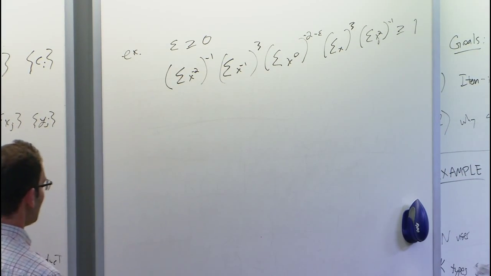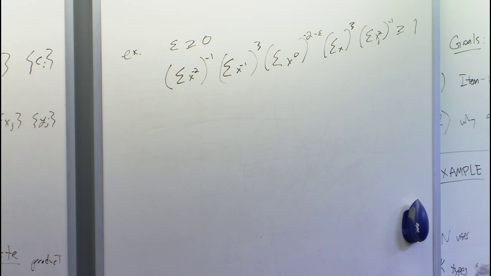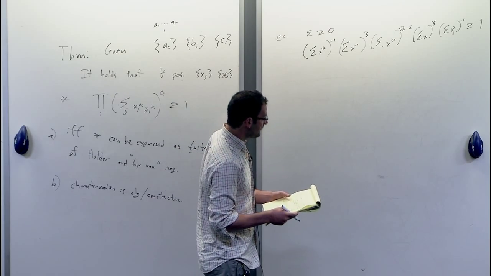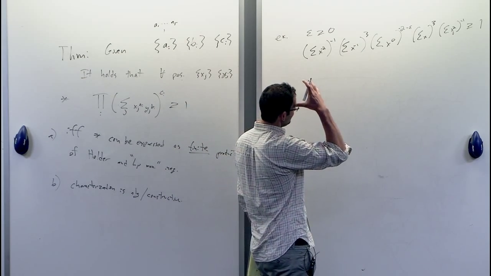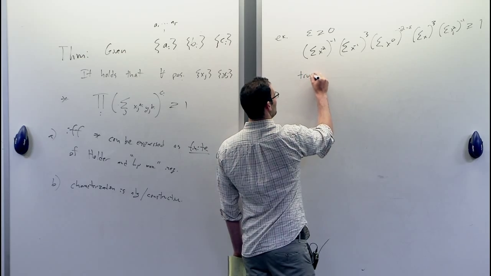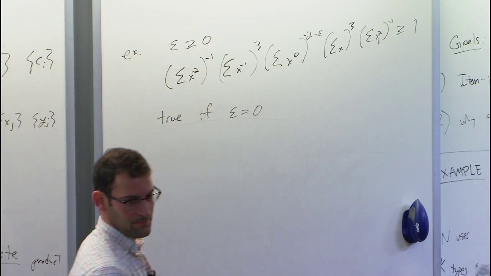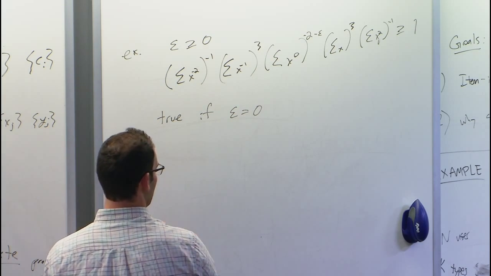This corresponds to the case where all the coefficients of y are 0. And it's not too hard to convince yourself that this holds true if epsilon equals 0, and it's false for every positive epsilon.